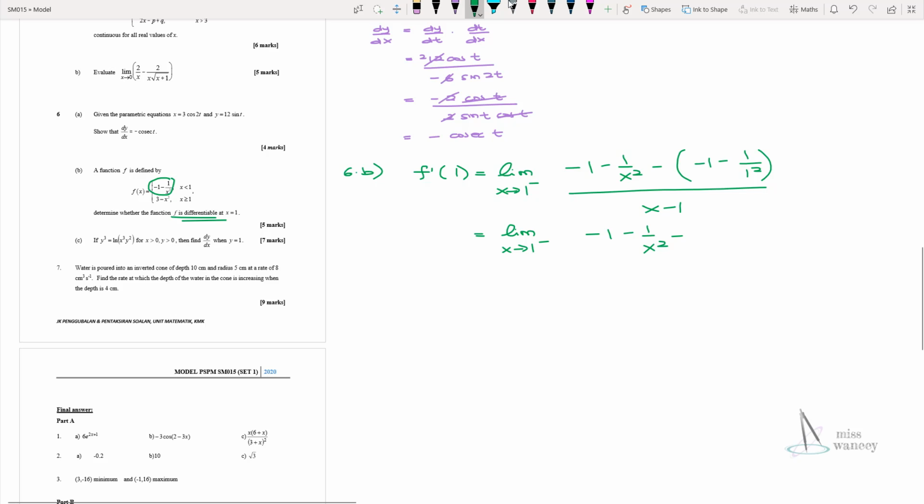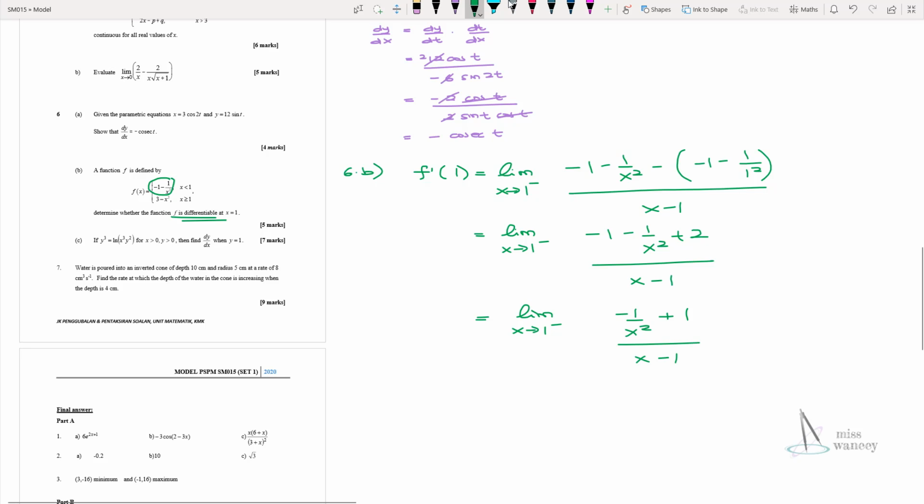Okay, so 1 over 1 square, so this is 1, negative 1 is negative 2. So this one gonna be positive 2 over x minus 1. Okay, so simplify. This is the limit for x approaching 1 on the left. So this one is negative 1 over x square plus 1 over x minus 1.